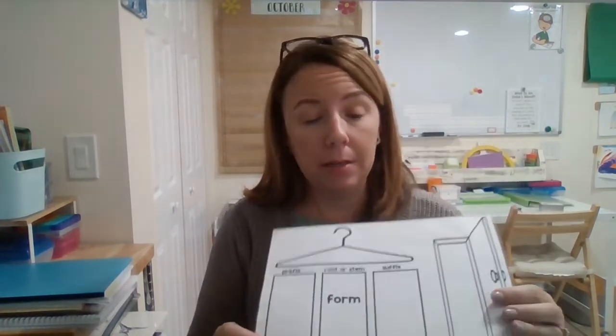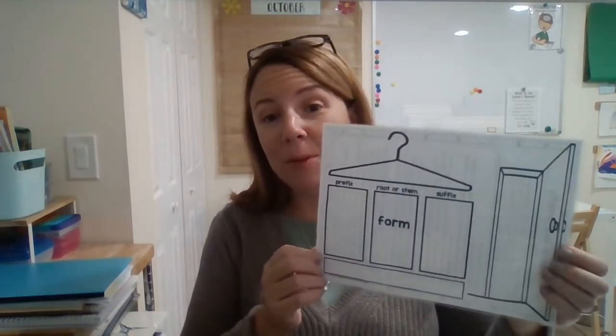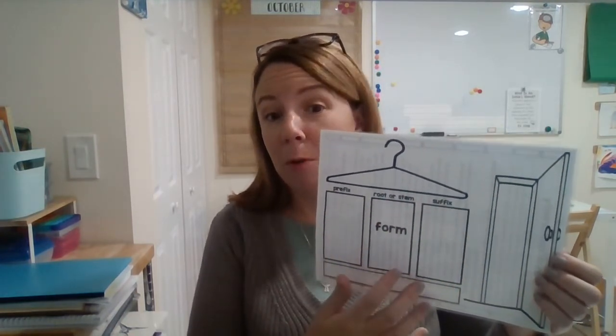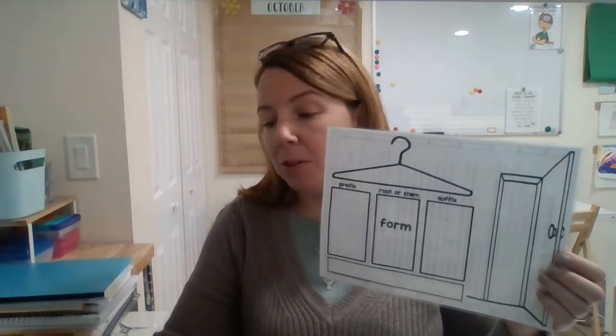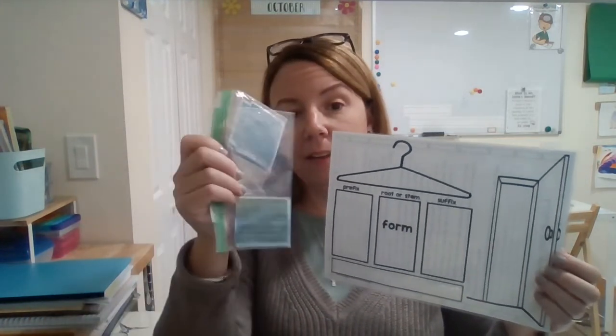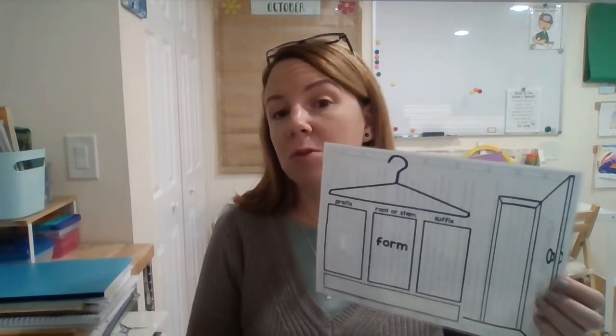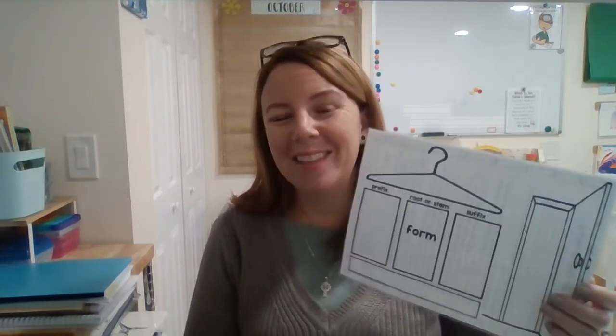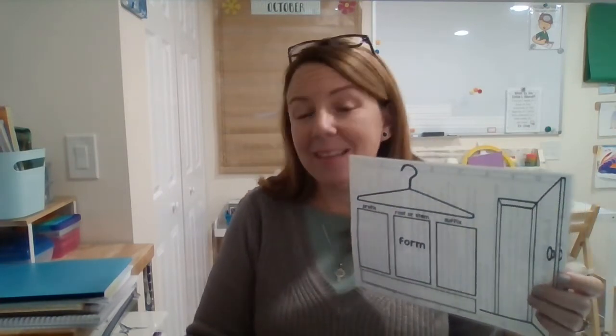The morphology games that I have here, this one's called Uniformity, has the directions on the back. I've laminated these, and it's almost like you're building a wardrobe, and we have a little bag of prefixes and suffixes, and depending on how many words you can build, that is how you can earn points.